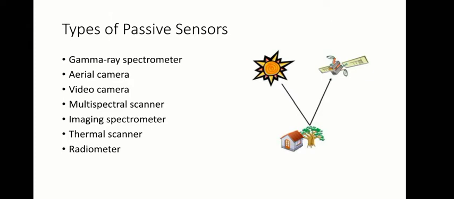Then comes the imaging spectrometer. The principle of the imaging spectrometer is similar to that of multispectral sensors, except that spectrometers measure only very narrow spectral bands, that is, 5 to 10 nanometers. This necessarily results in an almost continuous reflectance curve per pixel rather than a value for a relatively broad spectral band.